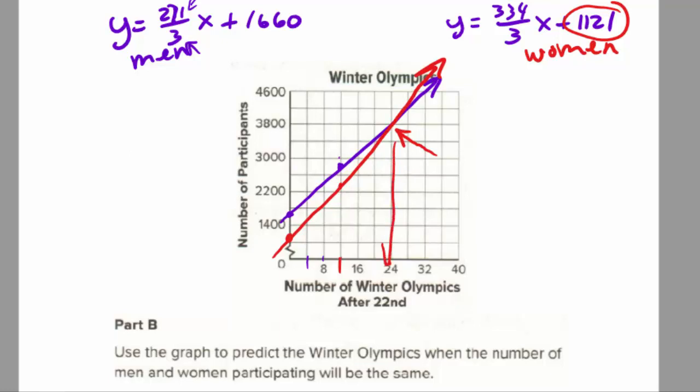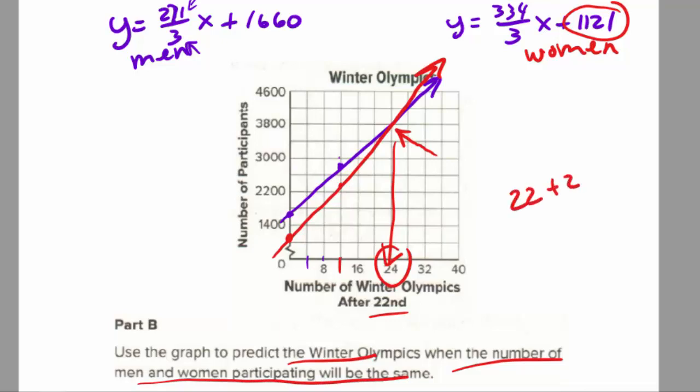And if I look straight down, you can see that would be 24 Olympics, Winter Olympics after the 22nd. They want to know when the number of men and women participating will be the same, which Winter Olympics. Well, 24 after the 22nd, 22 plus 24, would put us at 46. So to be right around the 46th Winter Olympics.